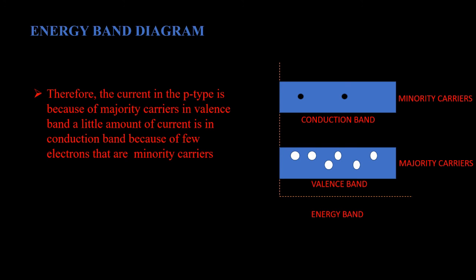So there is thermal excitation also in the semiconductor. As always, majority wins, and the energy band diagram suggests that there is less number of electrons in the conduction band in p-type semiconductor. So the current in p-type semiconductor is due to majority carriers in valence band, that is holes.